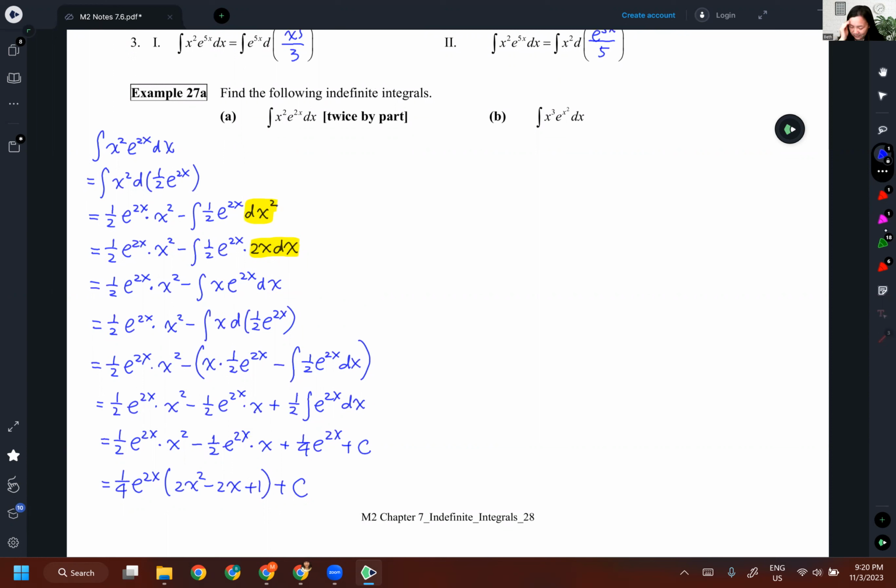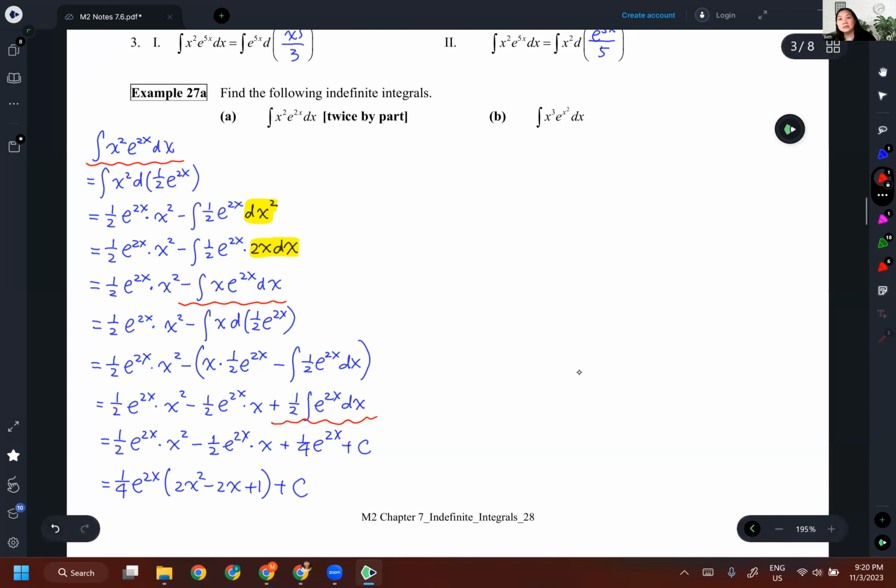Look closely. The first time you've done it, you have reduced this to a degree 1. Oh, sorry, this one. You will see the difference. I don't think that the e to the power 2x can ever be eliminated. But the polynomial part, you can see it's down. Now, do you see the 3 underlined parts?